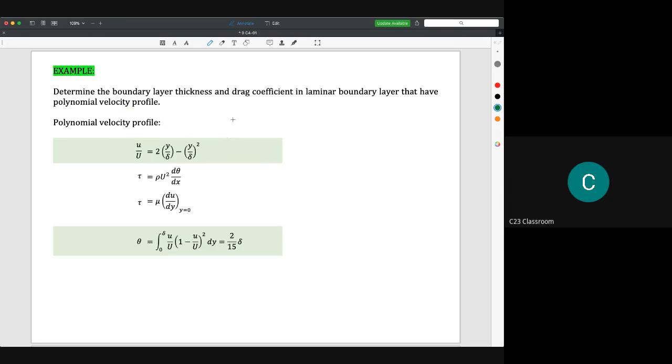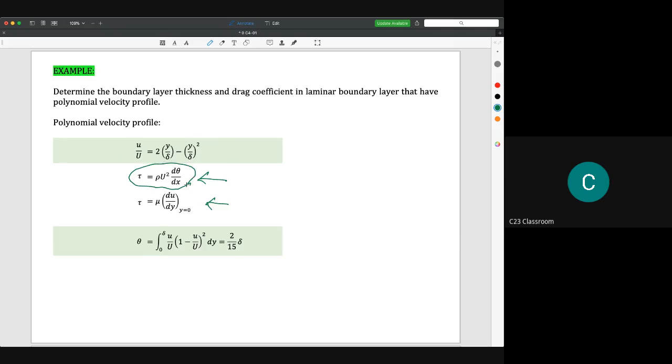Then we have two major equations, which are the shear stress from von Karman and the shear stress from Newton. We start with the shear stress from von Karman.